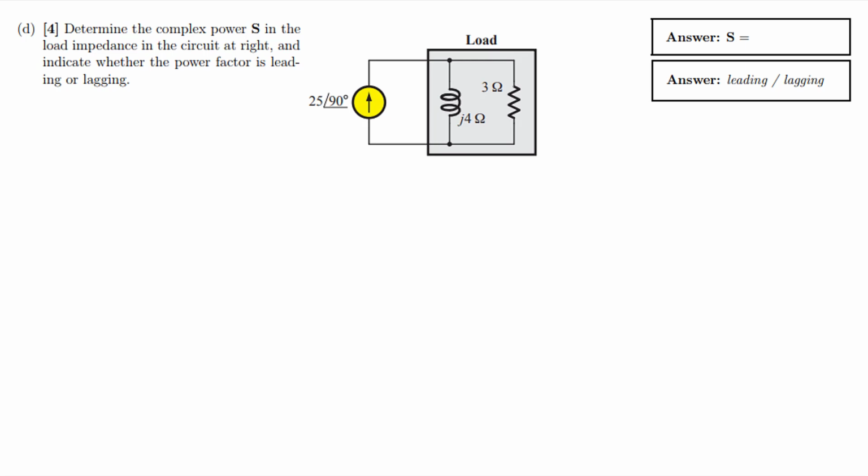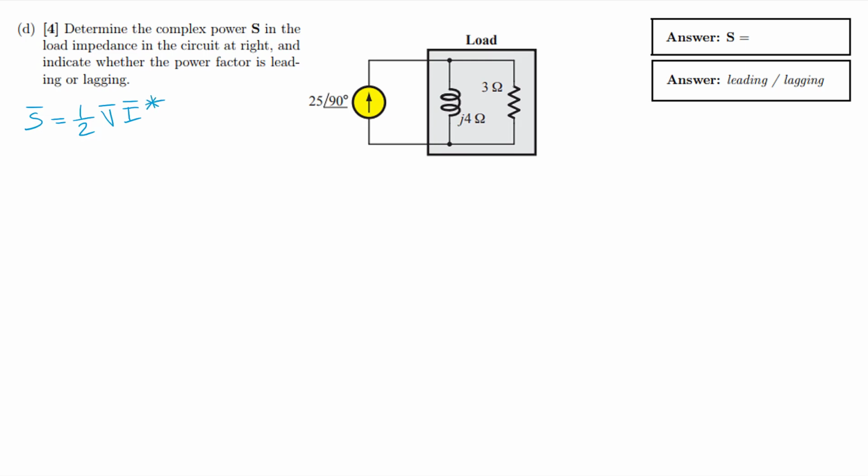Well, to get the complex power phasor, we have to know what it is, so let's write it out. S is equal to 1/2 the voltage phasor times the complex conjugate of the current phasor.